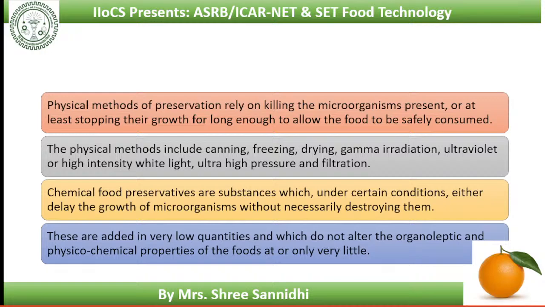So when chemical preservatives are added, they will not change the organoleptic properties, or they will enhance the organoleptic properties of the food. Along with that, they will be at a safe level, so they will be safe for consumption too.